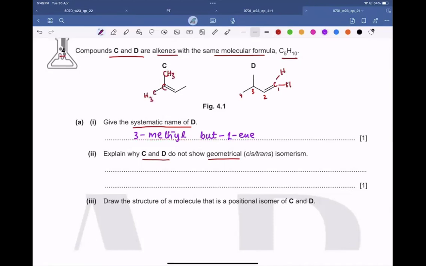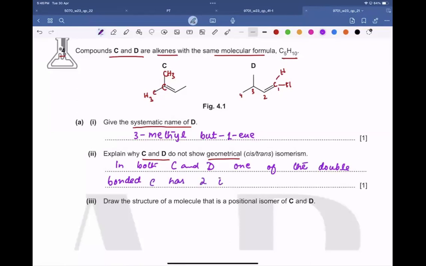So in both C and D, one of the double bonded carbons has two identical groups, and the condition is that there must be a double bond, and each double bonded carbon must have two different groups.